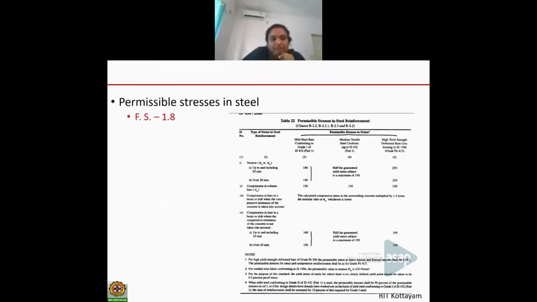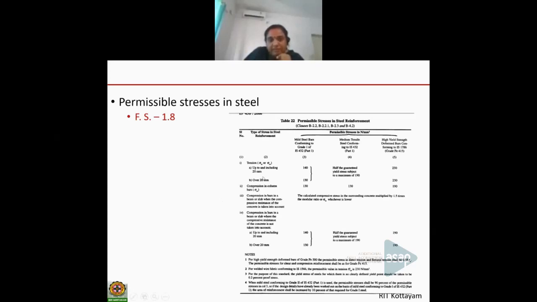Now coming to the permissible stresses in steel. For steel, you should refer to Table 22. Here, depending upon the type of steel that you use, and also slightly depending on the diameter of the steel, the grades are specified. Normally, this is obtained by dividing the yield value by a factor of safety of 1.8.